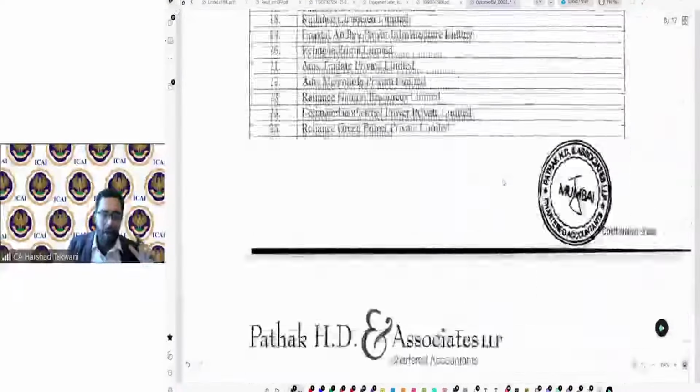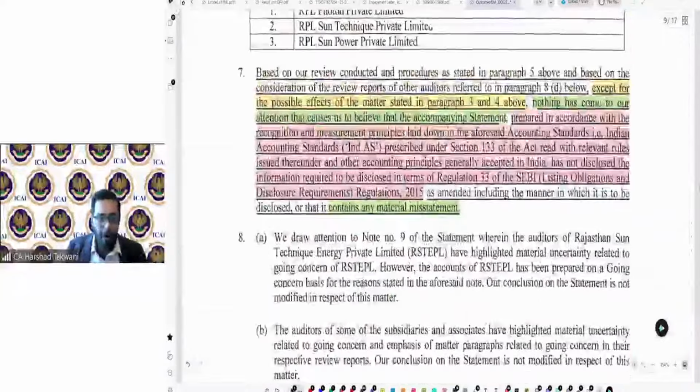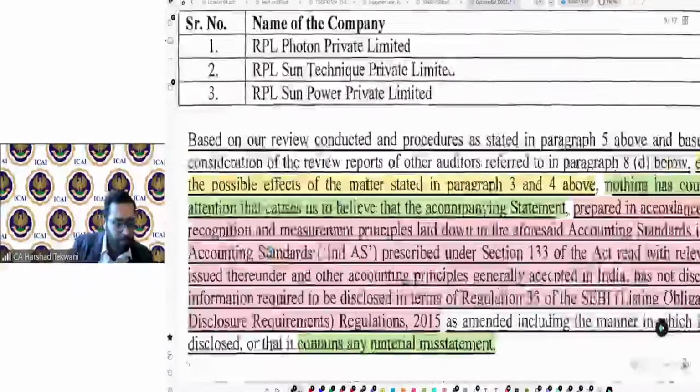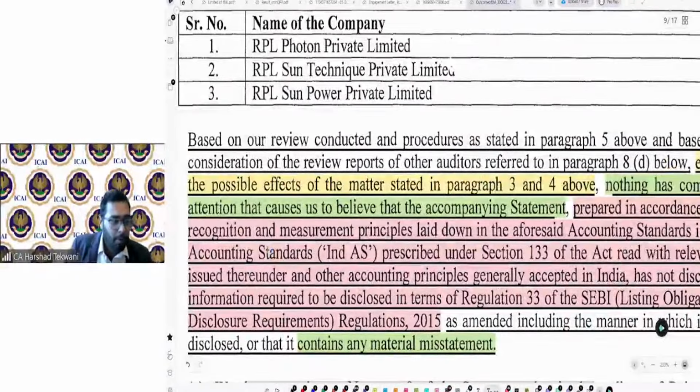That's why, in your opinion, you have the words possible effects. The reason is because of being unable to obtain sufficient and appropriate audit evidence.